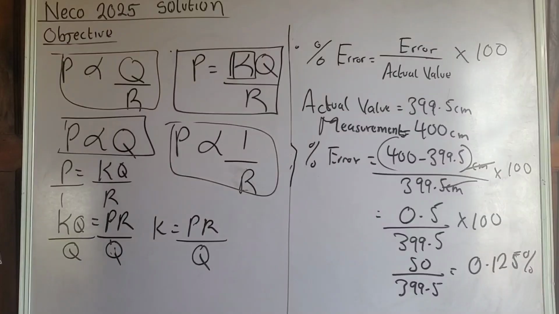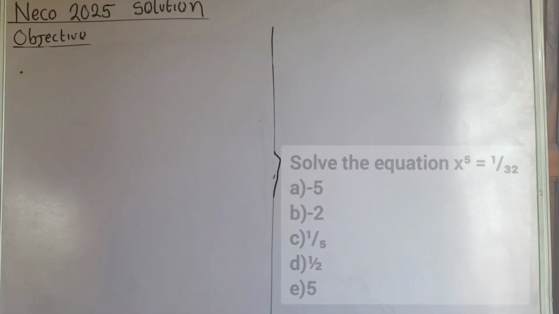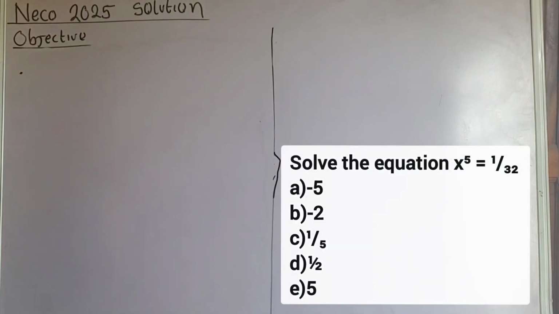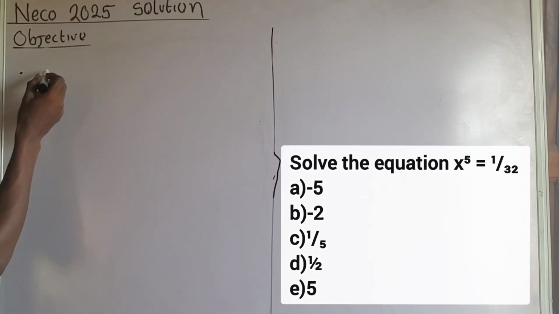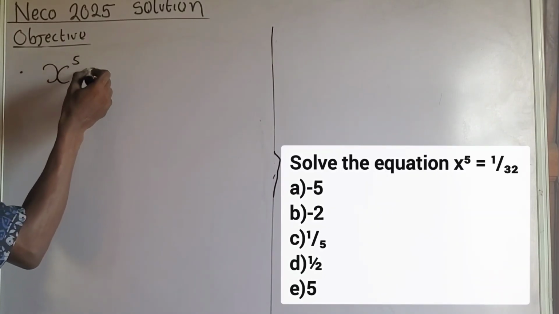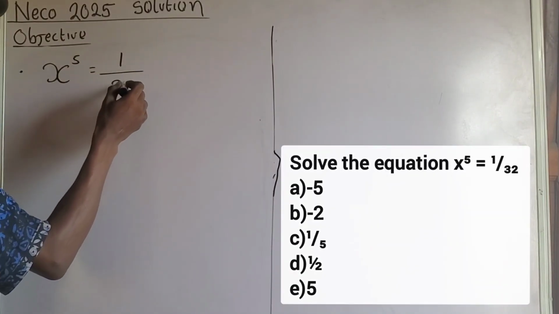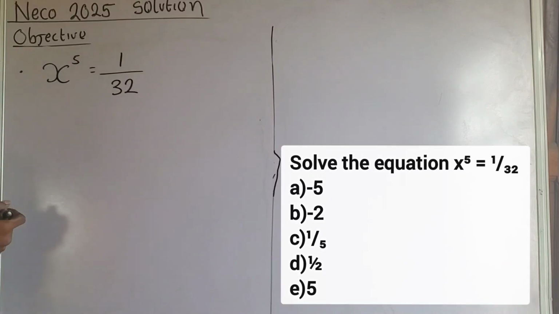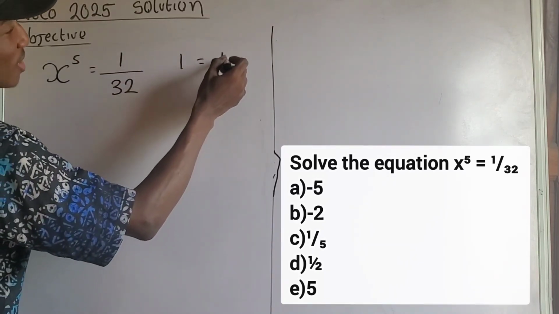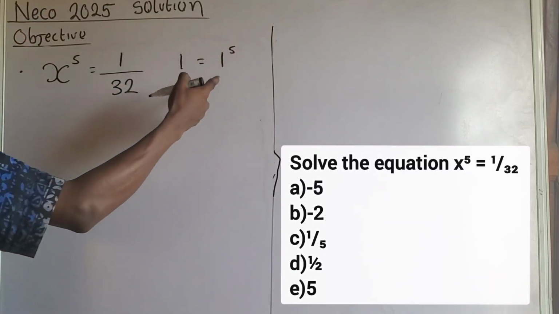Let us proceed to the next question. Solve the equation x raised to the power of 5 equals 1 over 32. Okay. Now, please pay attention. 1 can be written as 1 raised to the power of 5, right?